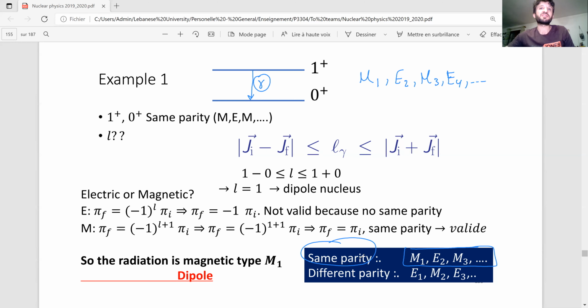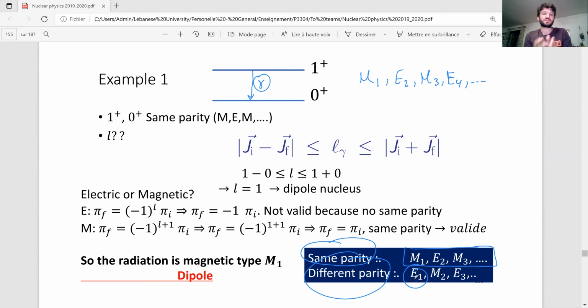If we have a different parity, we start with E. So we have E, M, E, M. When we start with the value L equals 1, we have E1, M2, E3, M4.